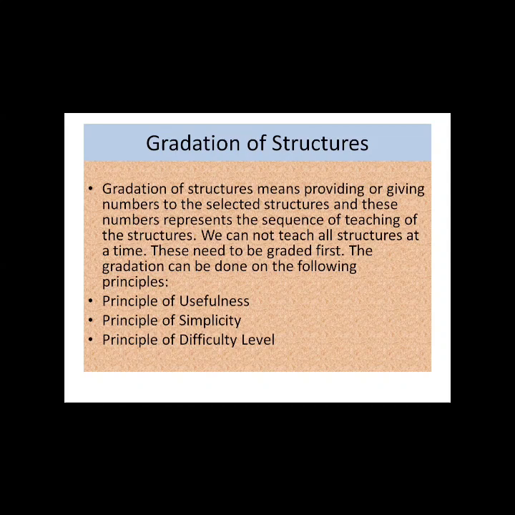If 300 structures are selected, then all the 300 structures cannot be taught at the same time. Some of them are to be taught first and others later. So this deciding of the beginning and end is called the gradation of structures. And the gradation can be done on the following principles.